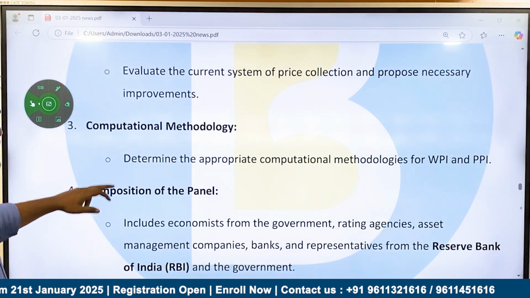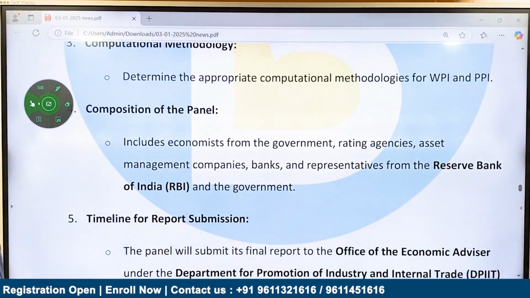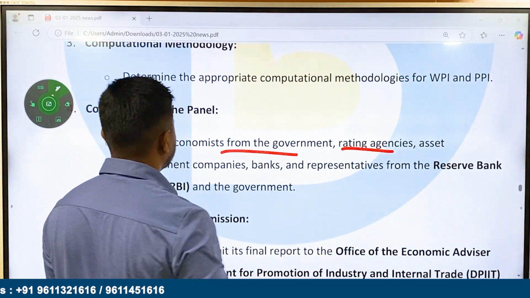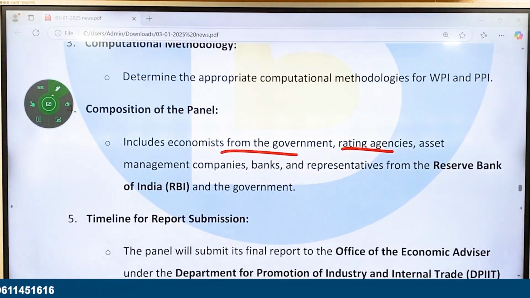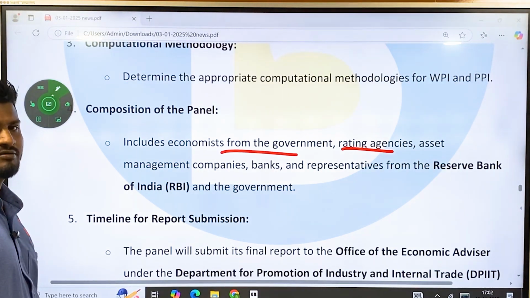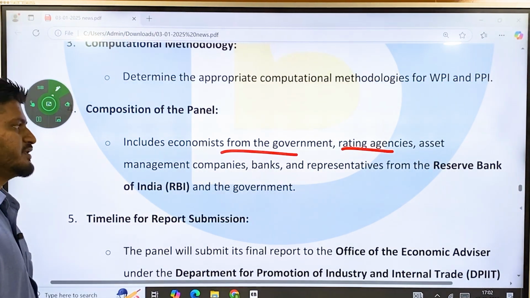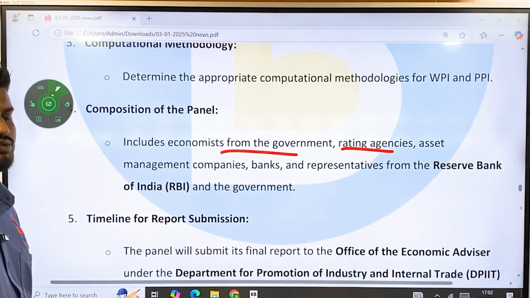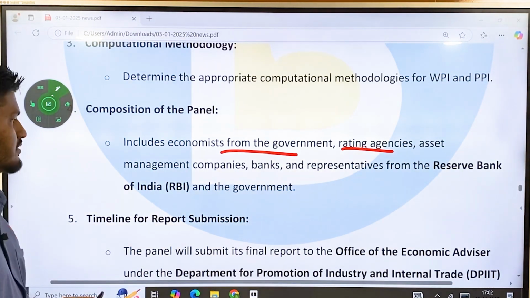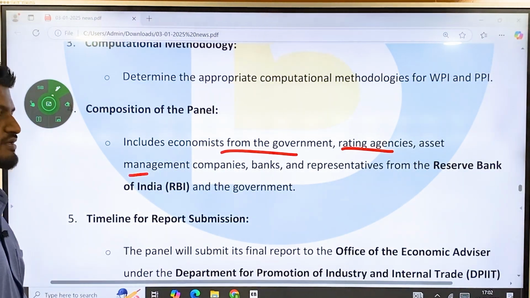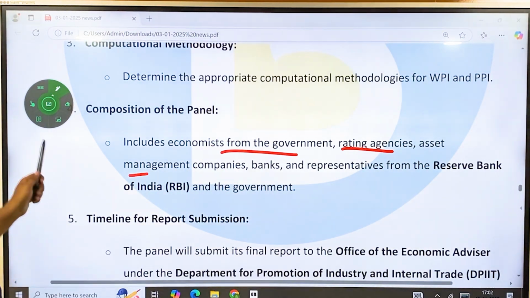And fourth is the composition of the panel, that is, it includes economists from the government, rating agencies, asset management companies, banks, and representatives from the Reserve Bank of India and the government, so that the recommendations are far-reaching and broad-based, with a consensus from various significant dignitaries from various stakeholders of the economy.